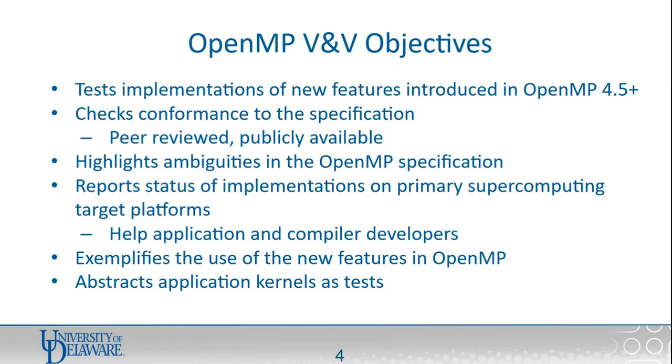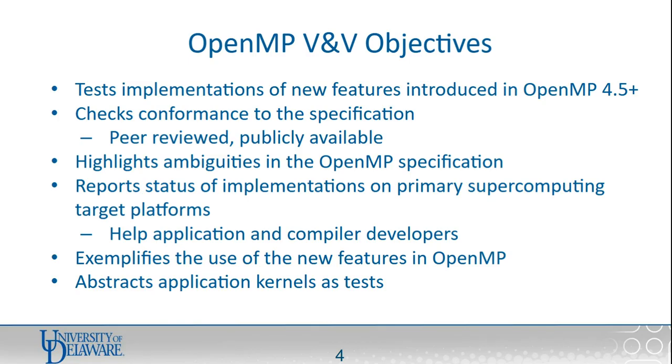Objectives for the VV include, in general, testing implementations of new features introduced in OpenMP API specifications. These specification features range from 4.5 to the newest 6.0. We check conformance for existing implementations in implementing these specification features. This is a peer-reviewed process that is publicly available.